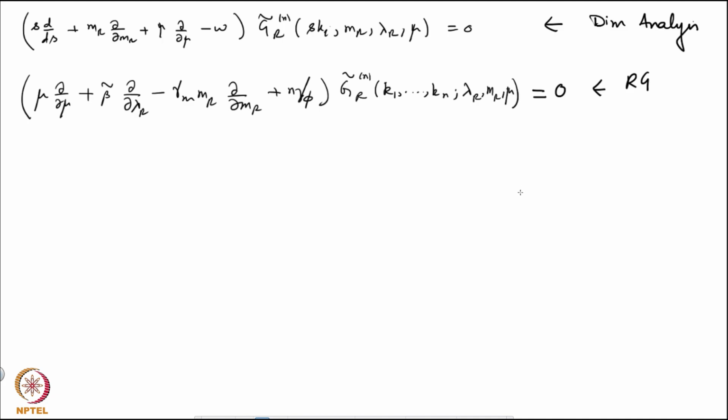Okay, good. So we have these two equations now, and each of which has a mu del over del mu. Okay, so we can now eliminate this derivative with respect to mu, and let's see what we get.